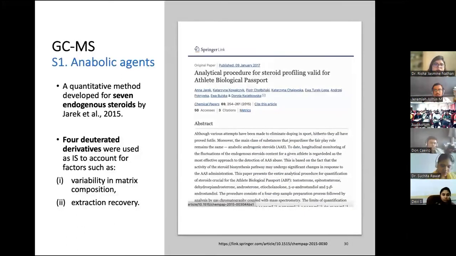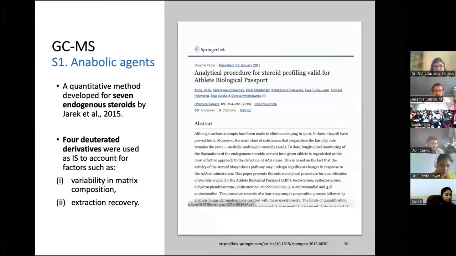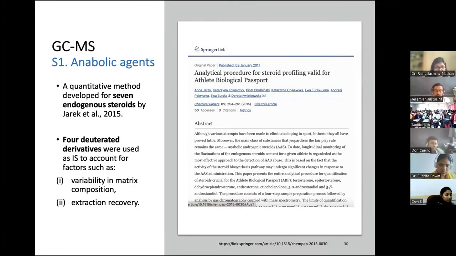So now, coming to the gas chromatography mass spectrometry techniques. Firstly, one of the papers that I found, published in 2015, used a simple GC-MS quantitation method. This method was specifically designed for 7 endogenous steroids, given by Herrick, I think, et al.